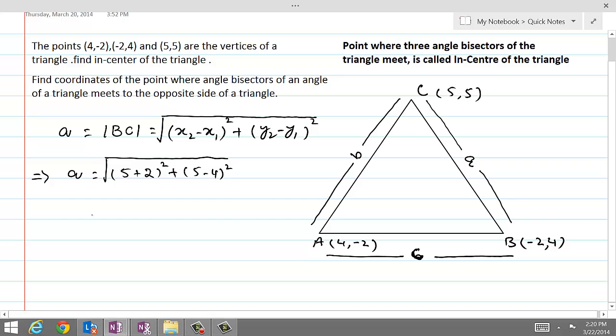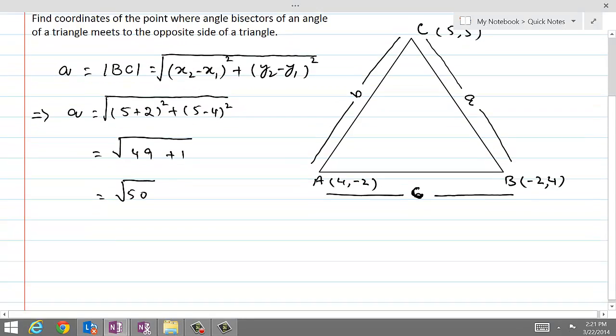This is going to give us the square root of 49 plus 1, which is equal to the square root of 50.